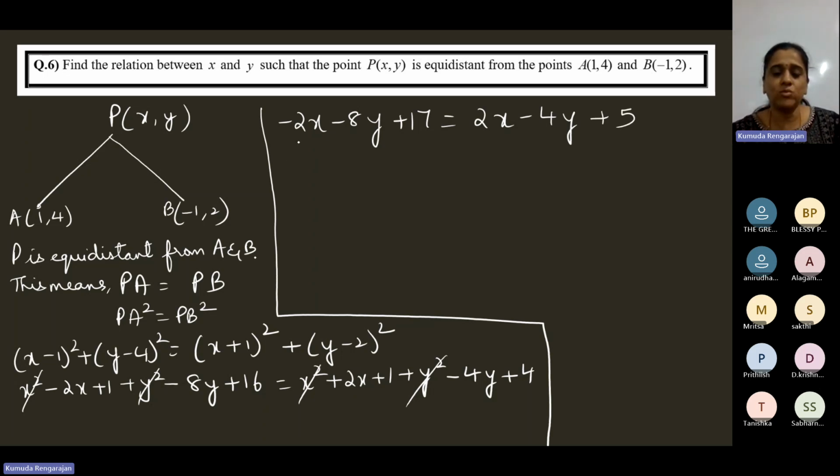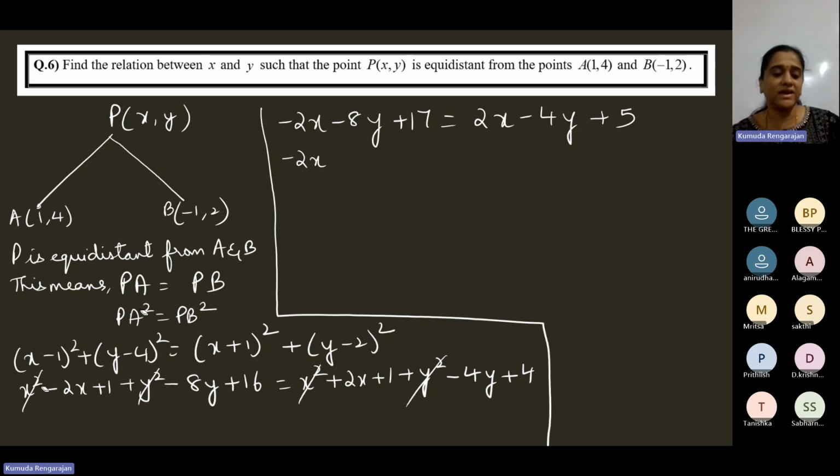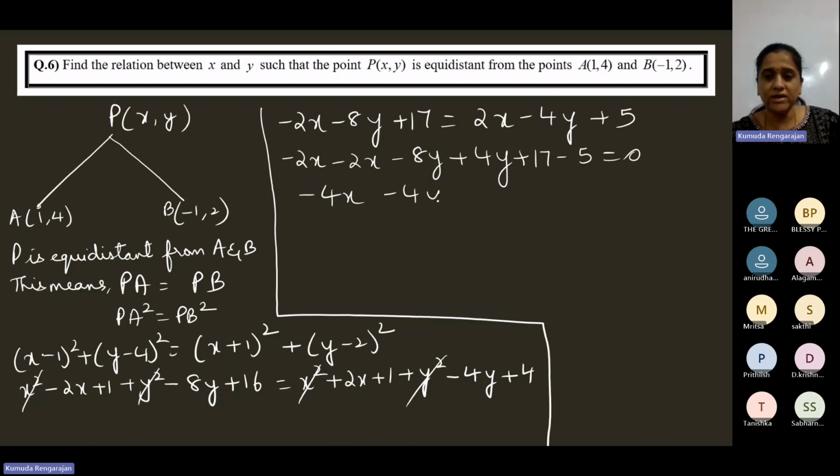Bring all of them to one side. Let me write the x and x together. So minus 2x minus 2x minus 8y plus 4y plus 17 minus 5 is equal to 0. Minus 4x minus 4y plus 12 is equal to 0.